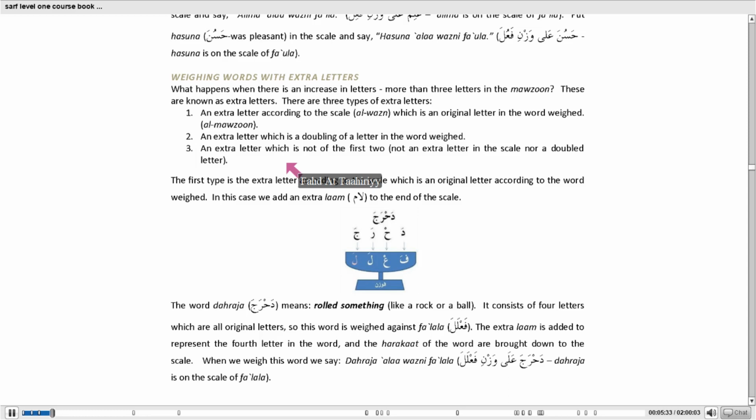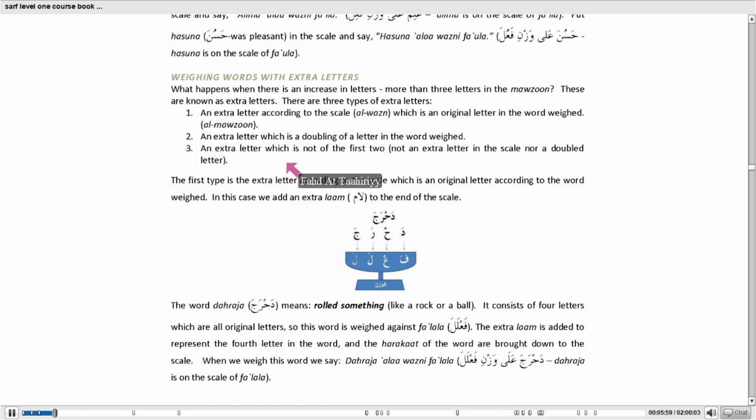3. The least number of original letters that are found in al-ism or al-fi'l is how many? 3. Okay? 3 is the least.